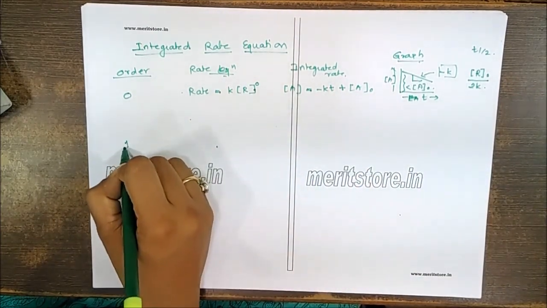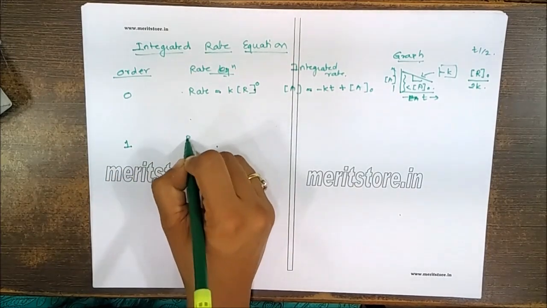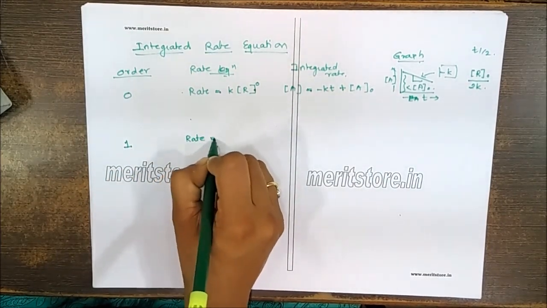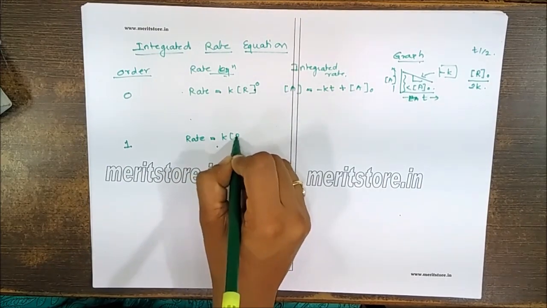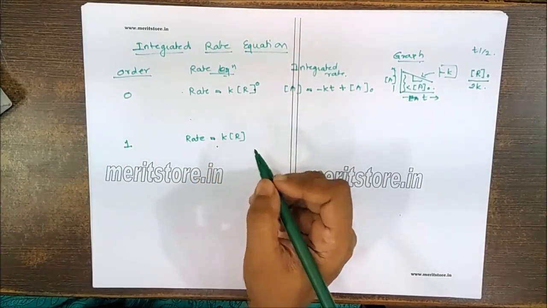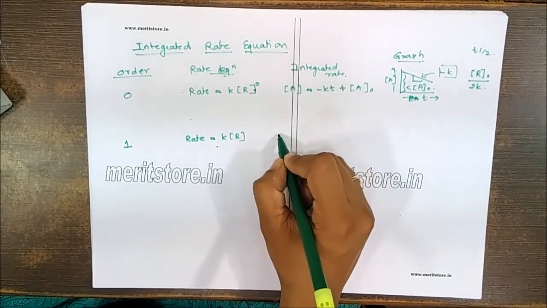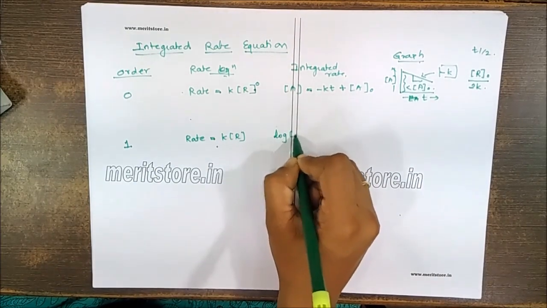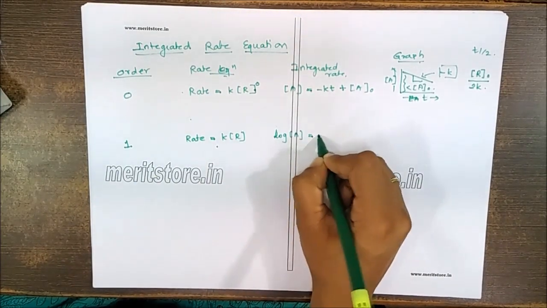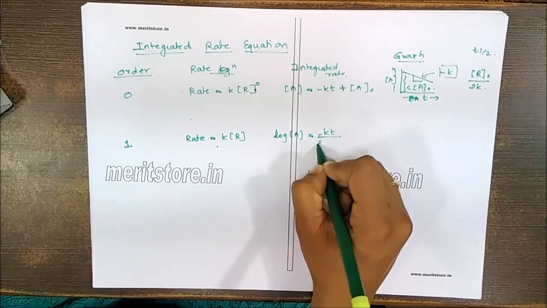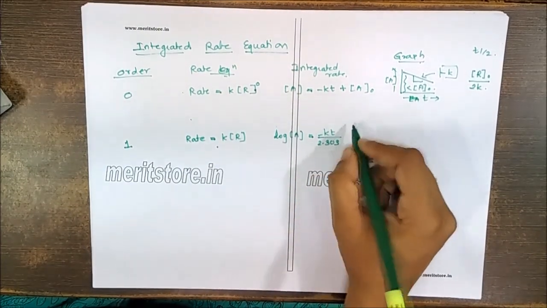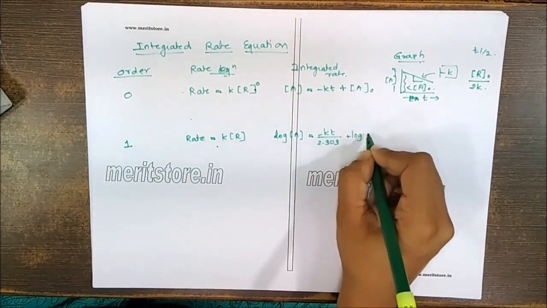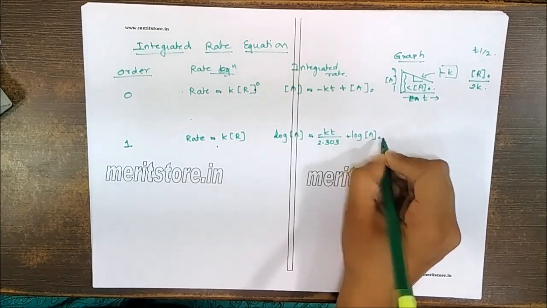If we talk about the first order reaction, the rate is equal to K times the concentration of reactant. If you make its integrated law, then we have the equation log of A = minus KT upon 2.303 plus log concentration of A0.